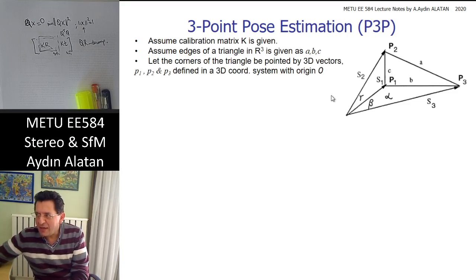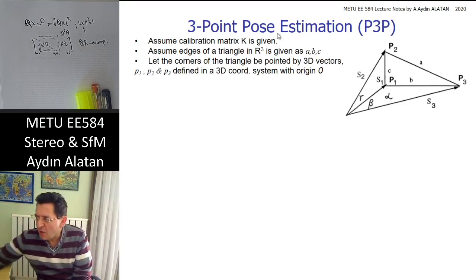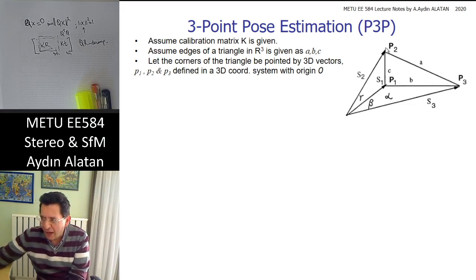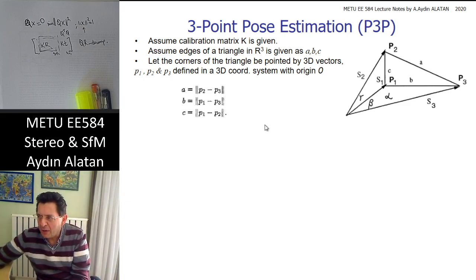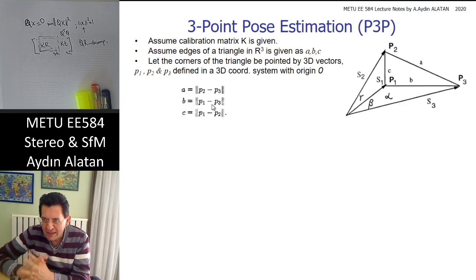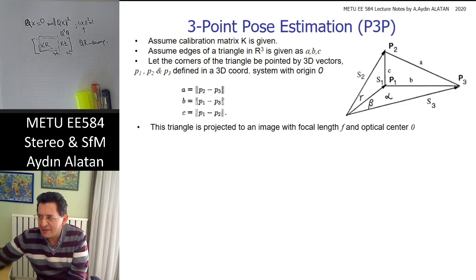Now assume there is an imaging system somewhere. I don't know it. This is my problem, to determine it. But I assume at this point the camera is calibrated using the techniques that we have seen in the lecture courses. Now we have ABC, and P1, P2, P3 are our vectors, starting from an unknown origin. Obviously, the differences between these vectors' magnitudes are given by this ABC, the three known scalars.